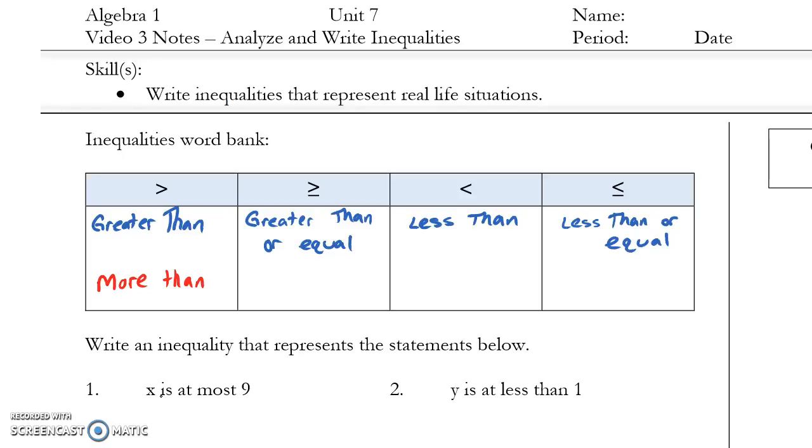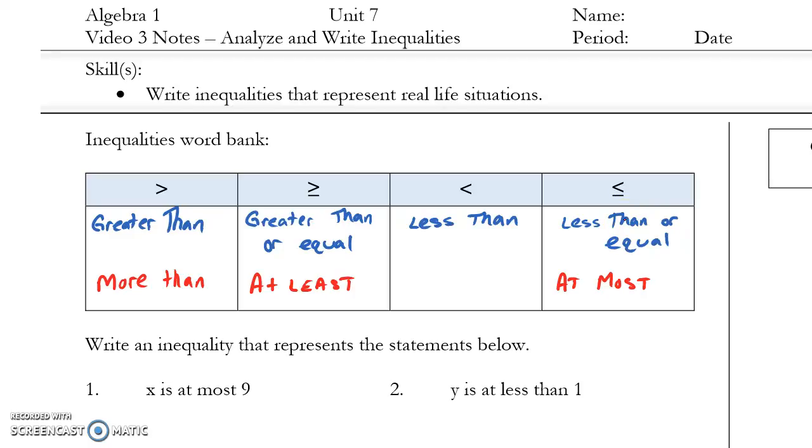The most confusing part about this is when I say at least, we always think small, small, small, it's got to be less than. However, it's actually the opposite. When we have the words at least, that's a greater than or equal to. And the words at most is a less than or equal to.